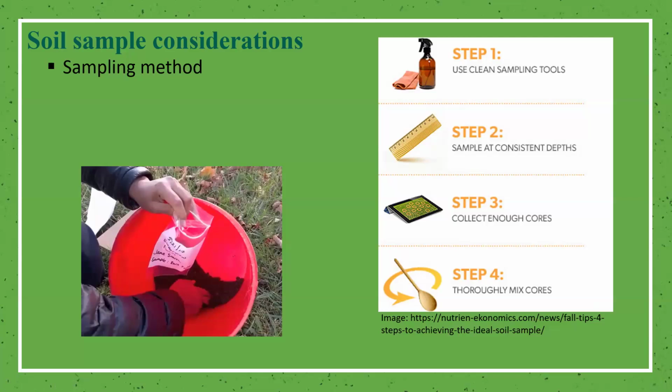So once you have some goals in mind, you know what fields you want to look at, where you might be having problems, then we can set up some sampling methods, select a lab, figure out how we're going to sample and when, right? So there's a lot to sampling. And again, it's a garbage in, garbage out kind of thing. And without having a thoughtful process ahead of time, you may end up spending a lot of money and not getting the results that you want.